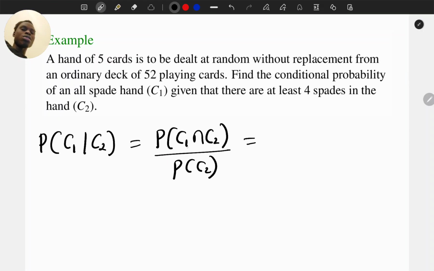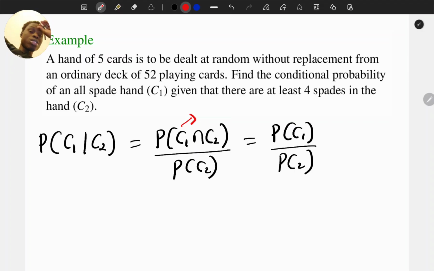Note that C1 intersection C2 is equal to C1, because C1, the all-spade hand, always contains 5 spades, and the hand has only 5 cards. C2 contains at least 4 spades, meaning 4, 5, 6, 7 up to 13, because we have 13 spades.